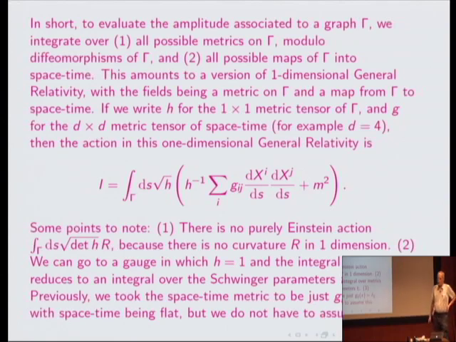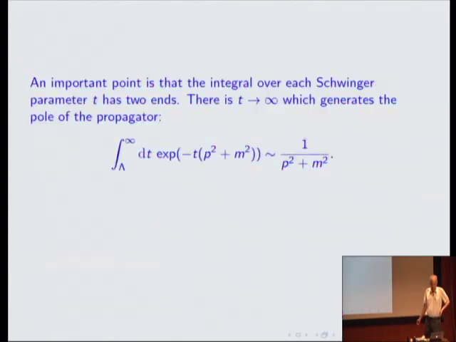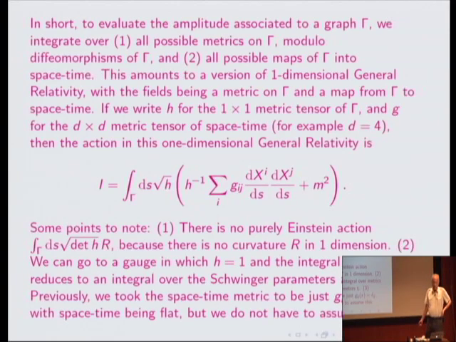So then we would have general relativity with an action for non-free fields x, and it would describe Feynman diagrams in curved spacetime. So this one-dimensional general relativity on a particular graph is a way to calculate the Feynman amplitude associated to that graph. Of course, in quantum field theory, you have to sum over all possible graphs. One particular graph isn't the whole story.